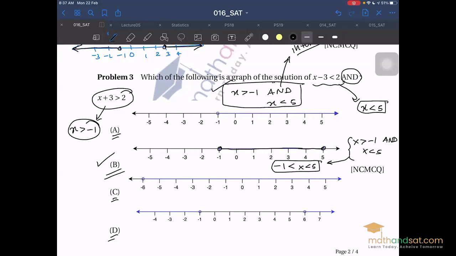What will be the algebraic representation of the set of numbers in case A? Can you please write that?